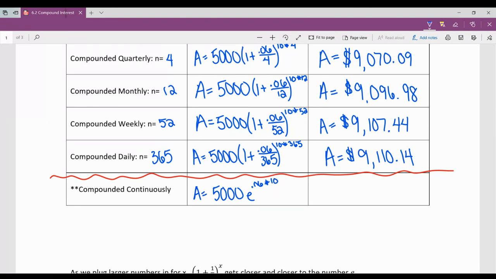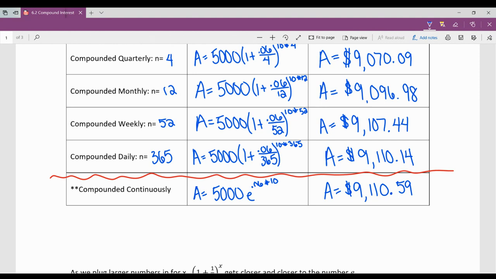So it's going to be second ln to bring up that E, 0.06 times 10. And then we multiply that by 5,000. So if we use compounded continuously, the amount in my account after 10 years is going to be $9,110.59.